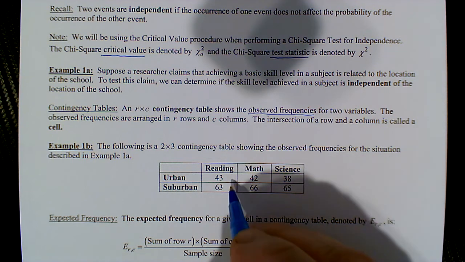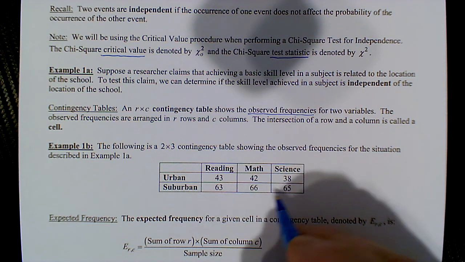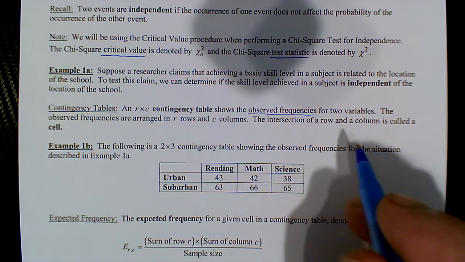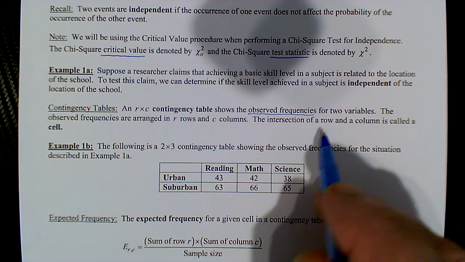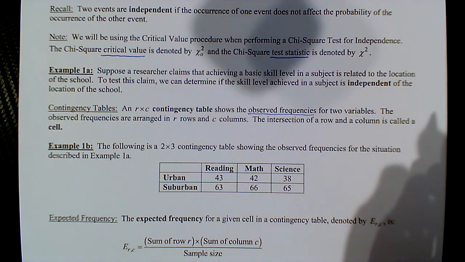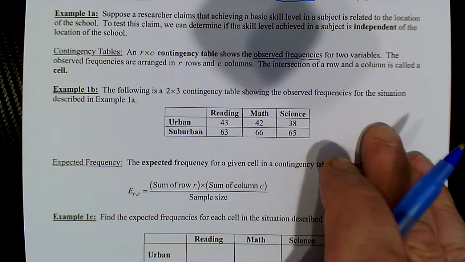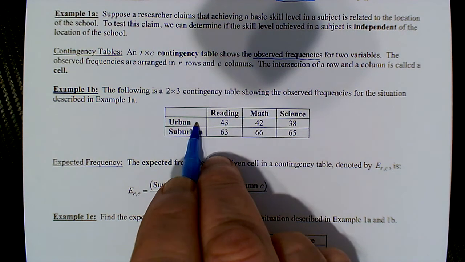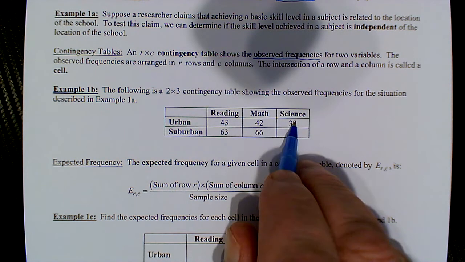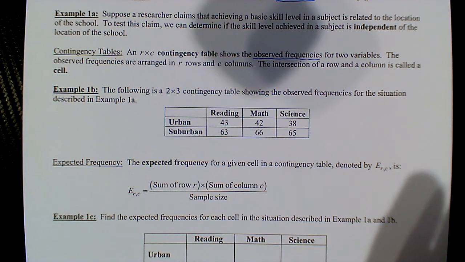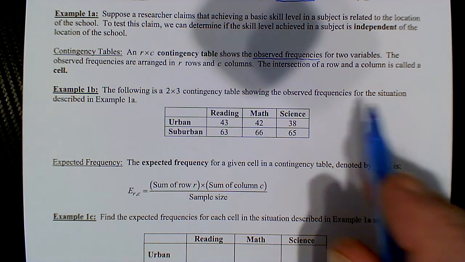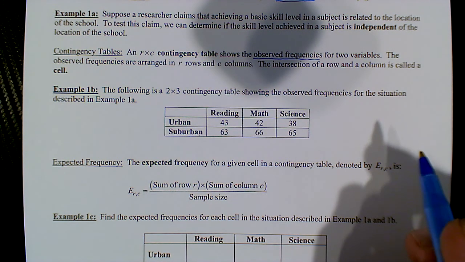And each one of these entries represents a cell. So the intersection of a row with a column is referred to as a cell. So there's what we call a 2x3, 2 rows, 3 columns, contingency table, showing the observed frequencies for that situation.